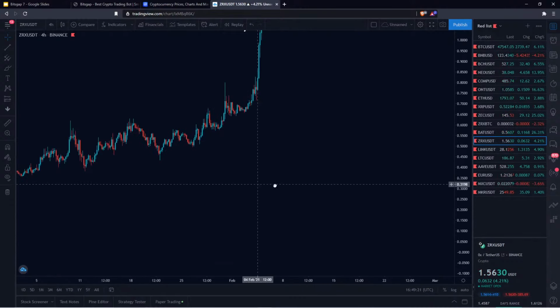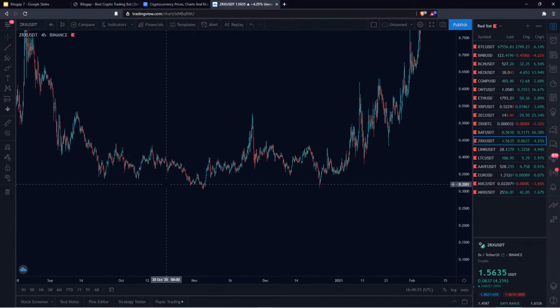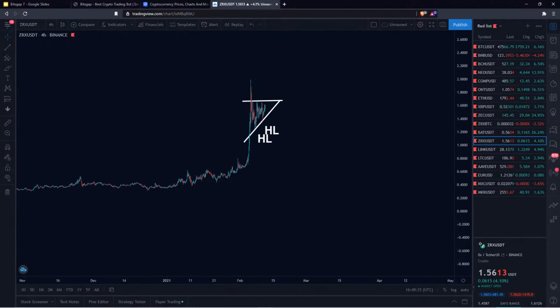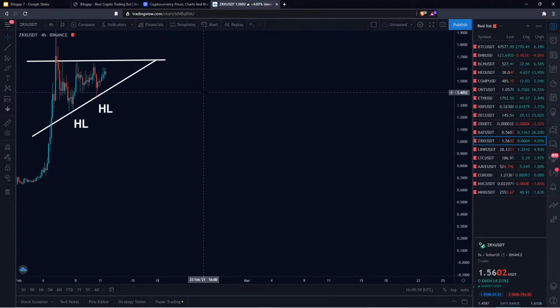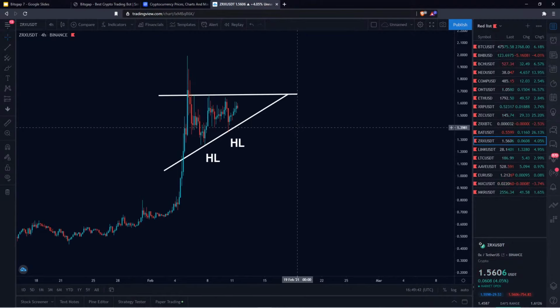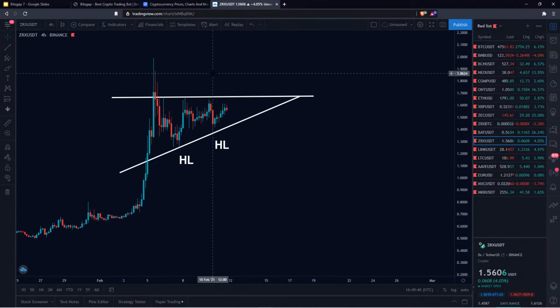All right, so for example, over here the support is in this area and resistance is, well, if to avoid this anomaly over here, then it will be around this range. For example, right now, if you look at 0x trending to USDT, what you will spot is this ascending triangle pattern, which basically means that neither bulls nor the bears are in control of the market.